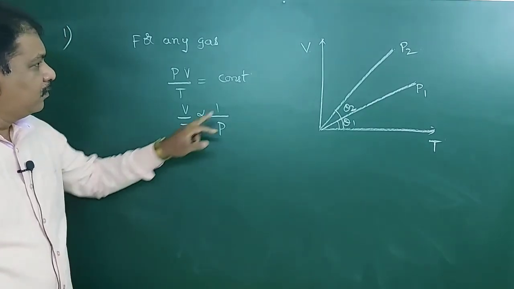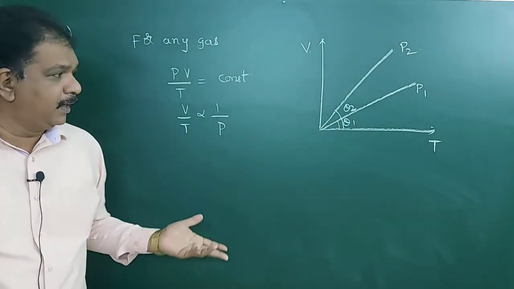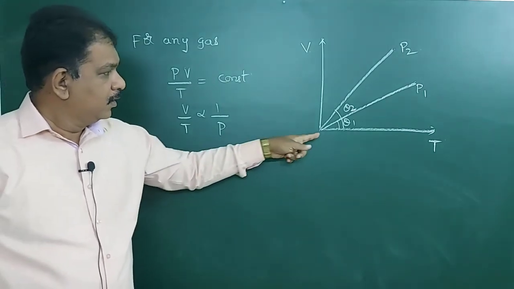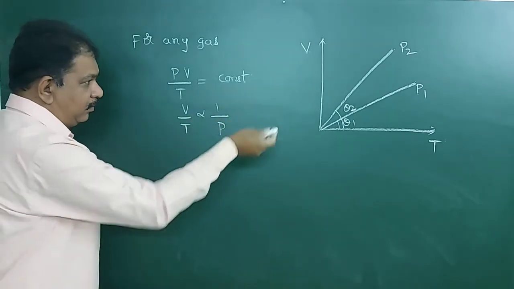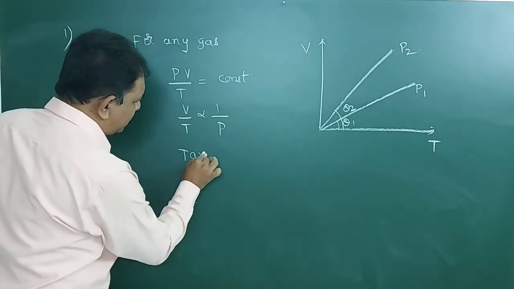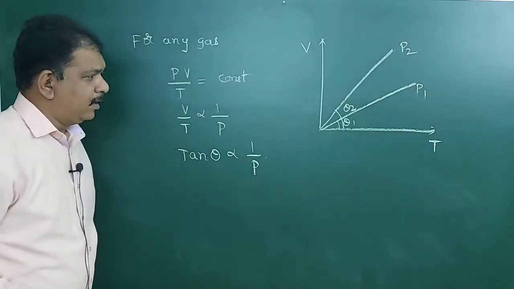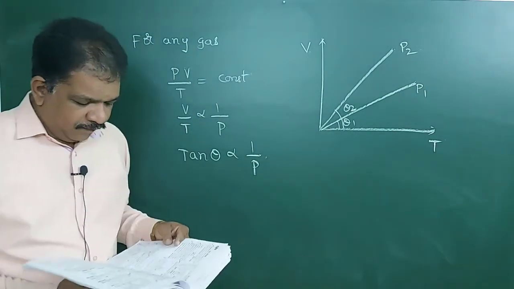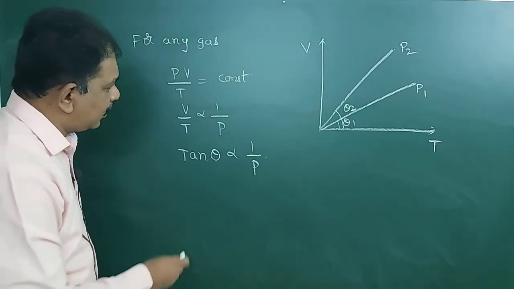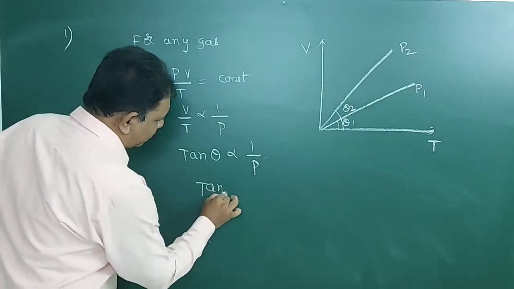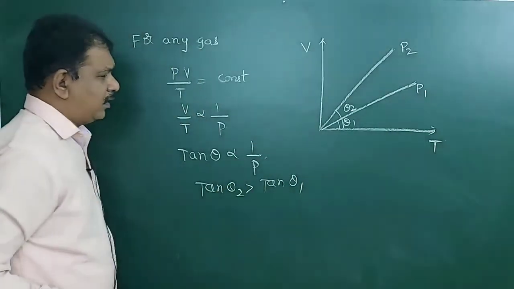So the slope of this graph will be equal to V by T. Okay. So here tan theta, V by T means slope. Slope is equal to tan theta proportional to 1 by P. Okay. From the graph, what we can say, tan theta 2 greater than tan theta 1.